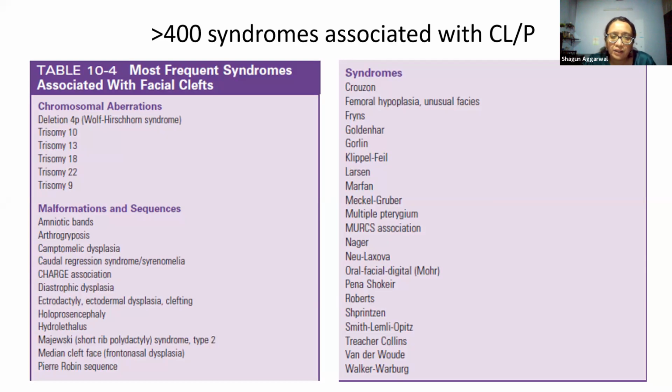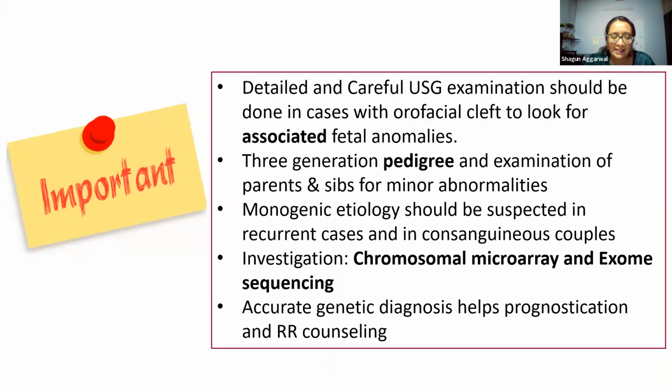There are more than 400 syndromes which can present with an orofacial cleft. It's not possible for anybody to remember the whole list. Next slide. What we need to know is that we should try to do a genome-wide kind of genetic test. But before doing that test, it's very important, as an imaging specialist, to do a detailed and careful scan, look for associated abnormalities, and also ask for a family history, ideally making a 3-generation pedigree.